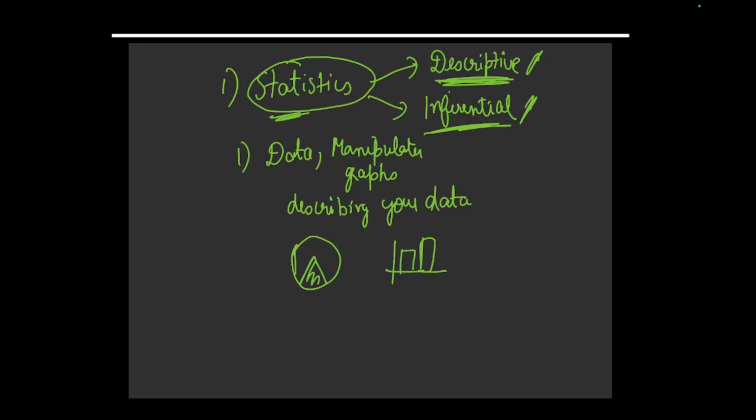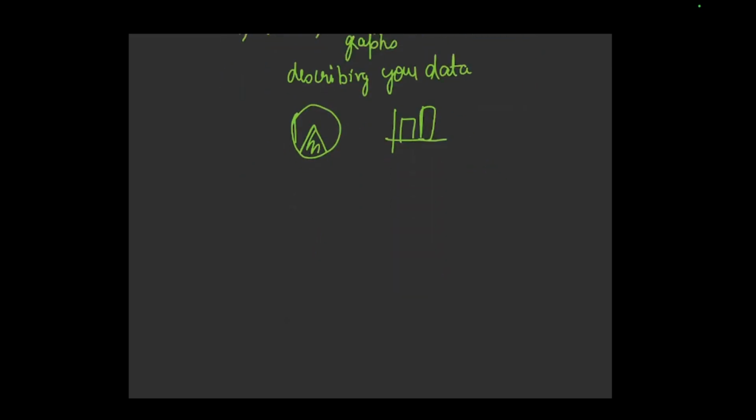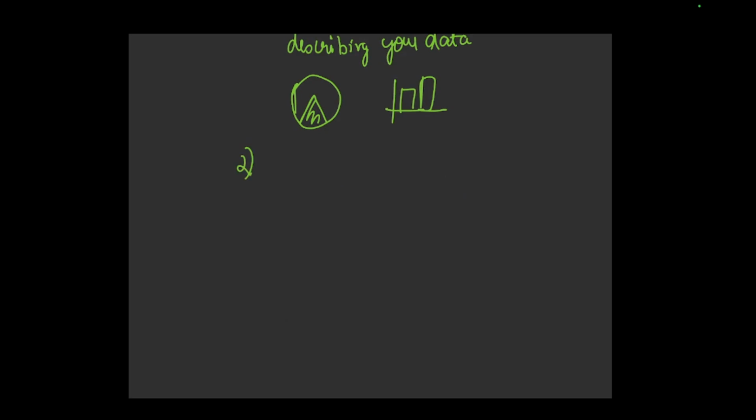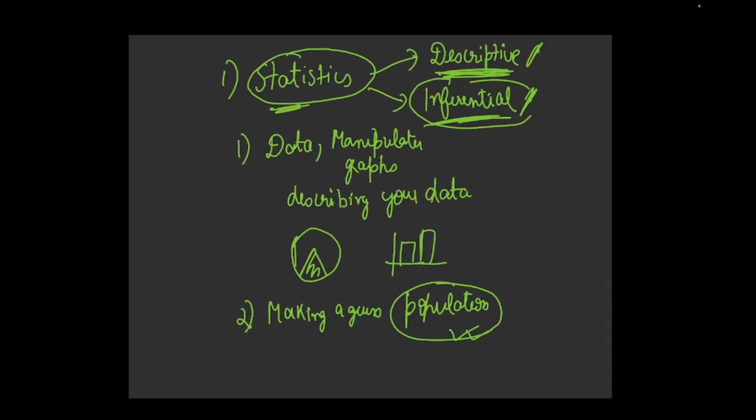And what comes under inferential statistics? Inferential statistics refers to making an assumption or a guess of what would be applicable for the whole population. Whenever we are making a prediction for a particular population, or what will happen to a population if we are given a particular sample, then we use inferential statistics.